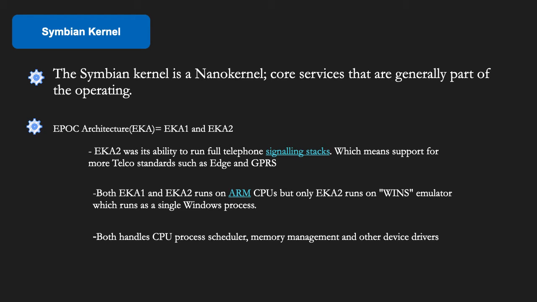So they have two kinds of Symbian kernel, EKA1 and EKA2. The main difference between EKA1 and EKA2 is that EKA2 has the ability to have a full telephone signal stack, meaning it has support for more advanced telco standards like EDGE and GPRS.